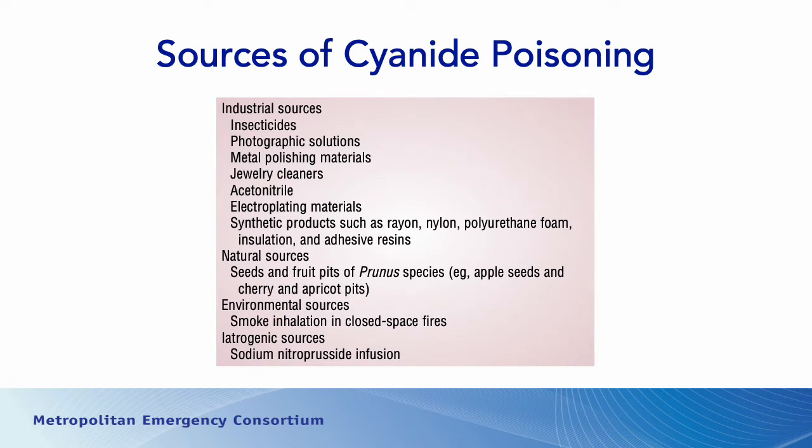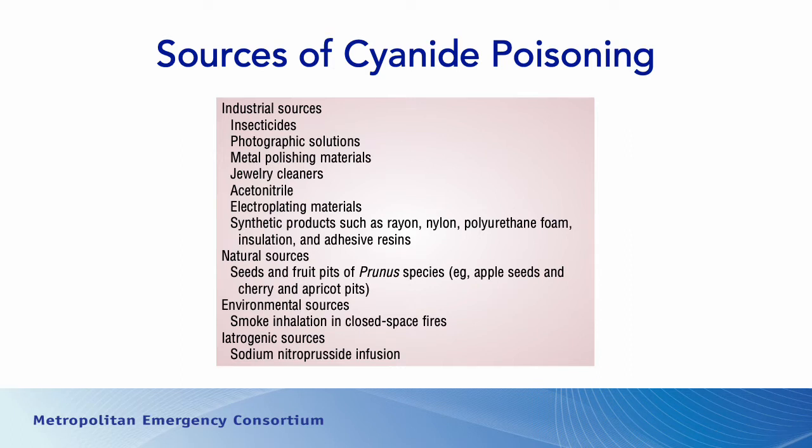What are sources? Again, we talked about this. Think about insecticides. Think about photographic solutions. Not many people have home photo labs anymore, but the bigger manufacturers that may be making or printing photographs may have an issue. Really think about it with metal polishing materials, particularly in the industrial circumstance, as well as jewelry cleaners.